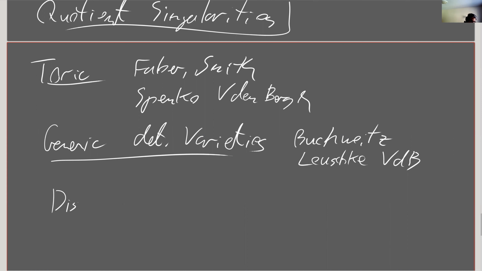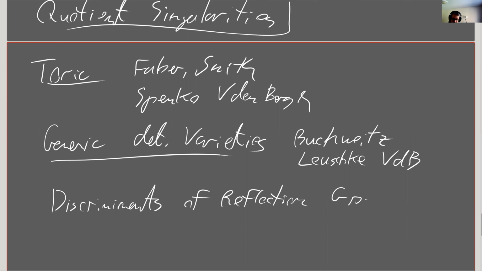So this is discriminants of reflection groups, in particular S_n. And this is by Ragnar Buchweitz, Faber, and myself.